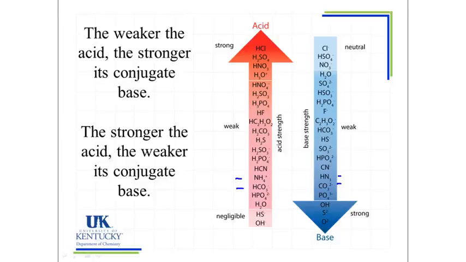When we look at a stronger acid, we see the weaker its conjugate base is. So for HCl, we see its conjugate base, Cl-, is actually so weak that it's considered neutral. One place where this will come into play is when we start to look at salts and trying to determine the acidity or basicity of a particular salt.